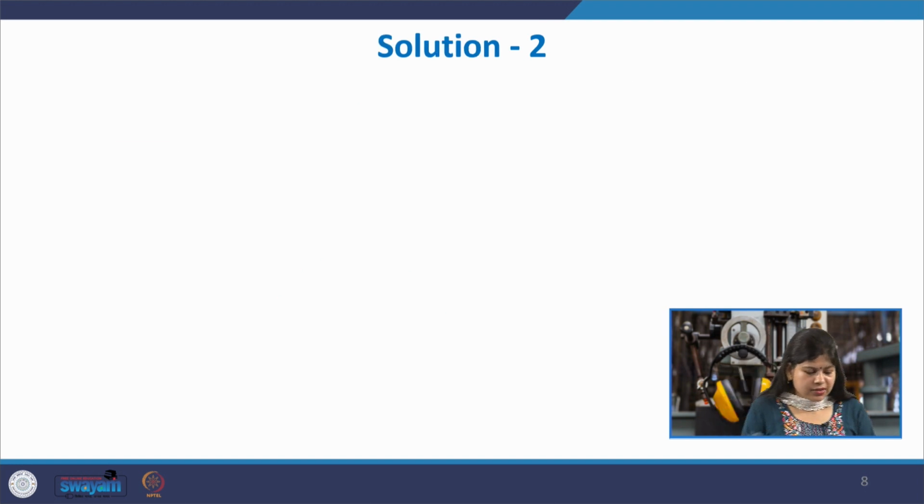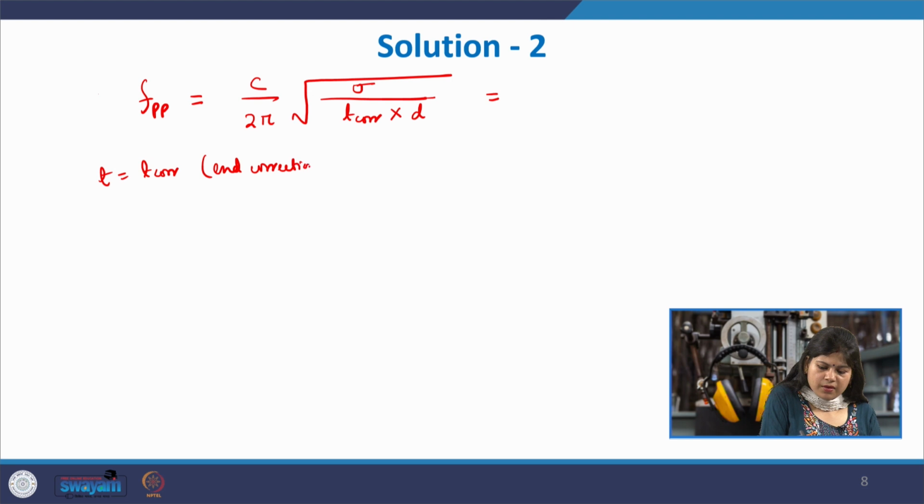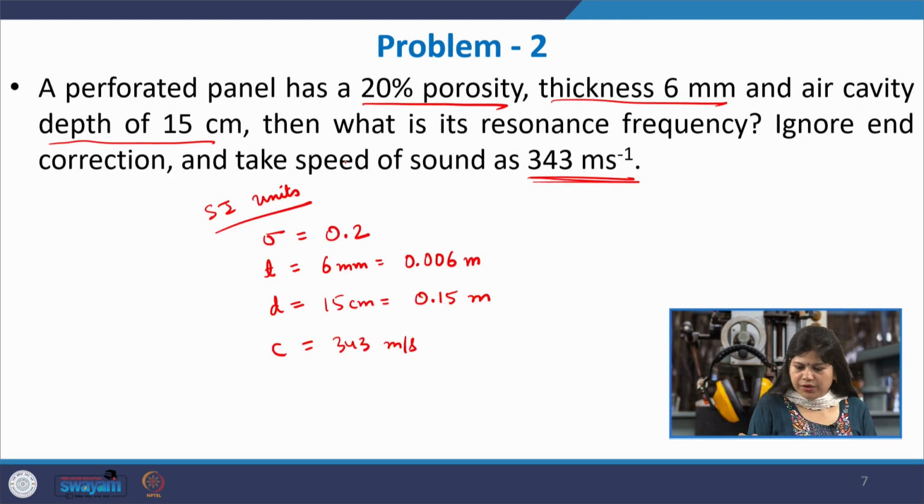So, as taught previously, the fundamental frequency or the resonance frequency of a perforated panel is given by this formulation: sigma divided by the corrected thickness of the panel multiplied by the air cavity depth. Now, we are ignoring the end correction, so here T we can take as T corrected, as already told.